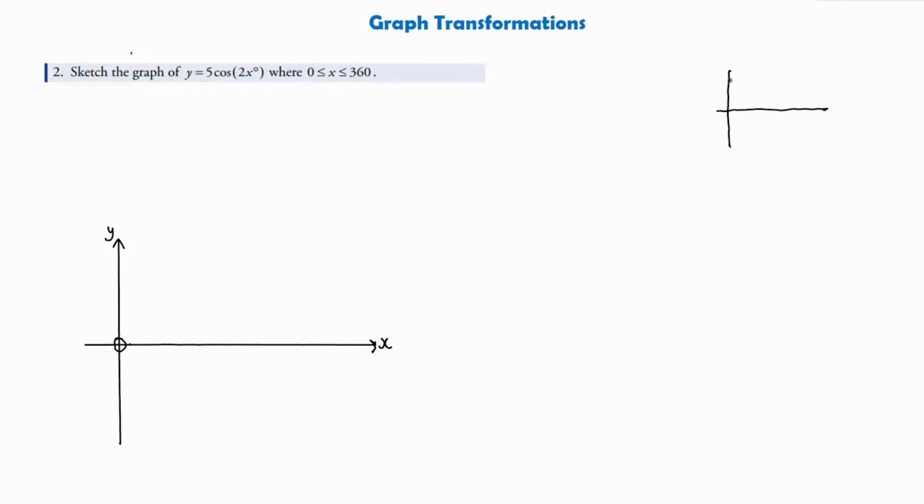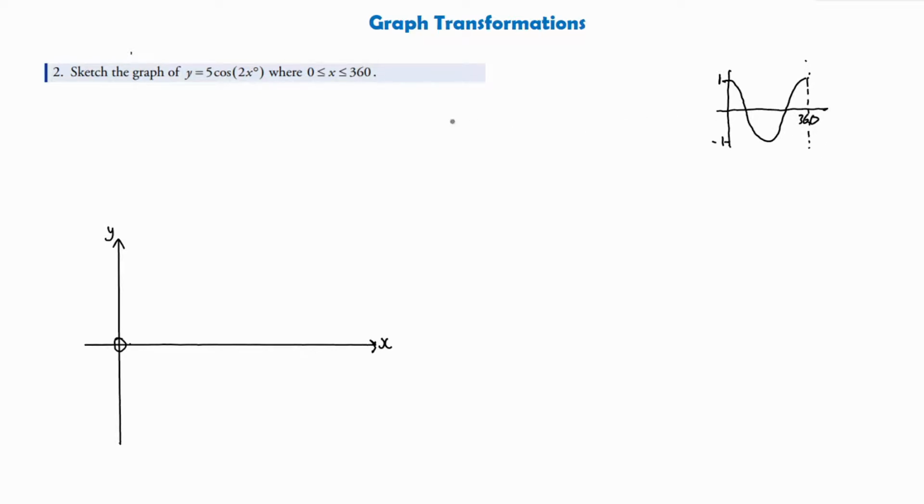It starts up at 1, it goes down before coming back up, and this is going to be 1, this is going to be minus 1, and it's also important that we know that this continues on, and this is just one period of cos. So we mark that by doing dotted lines, so we know that it just continues on from there, and we know that the period is 360.